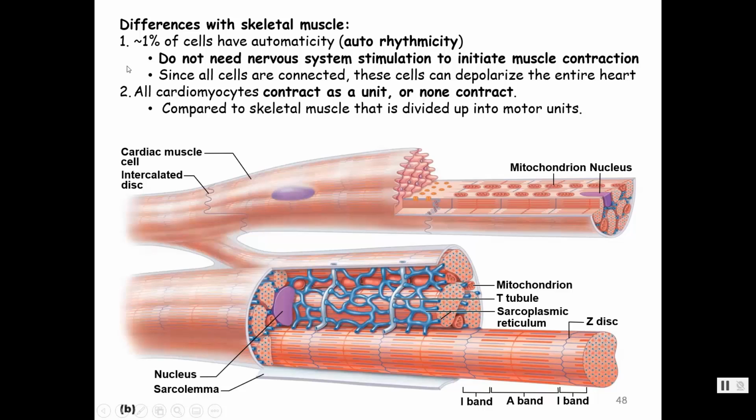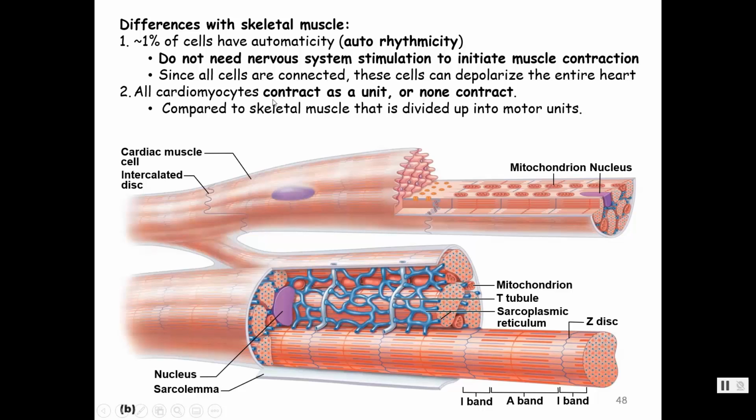Since all of these cells are connected, these cells can depolarize and initiate an entire heartbeat without a motor neuron, without any stimulus from the autonomic nervous system. So remember, your skeletal muscles, they only contract when you tell them to, not so with heart muscle, and we'll look at why in just a little bit.